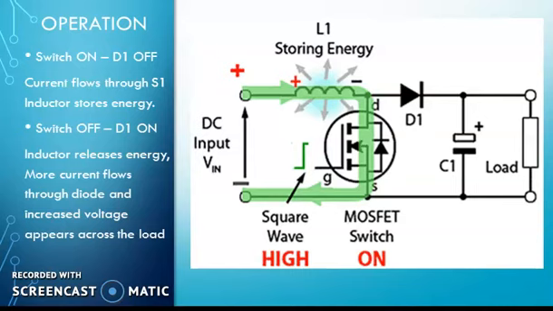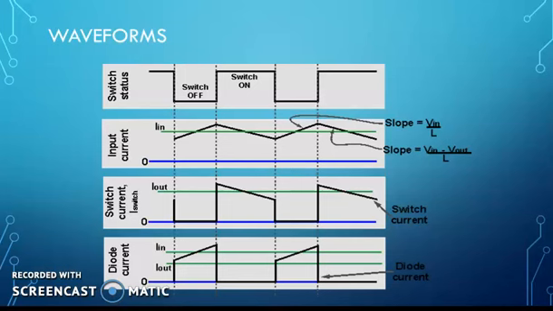So when the switch is on, the capacitor is already charged. So whatever voltage is across the capacitor will appear across the load. And when the switch is off, the voltage across the inductor appears across the load. It means the output voltage is double the input voltage.